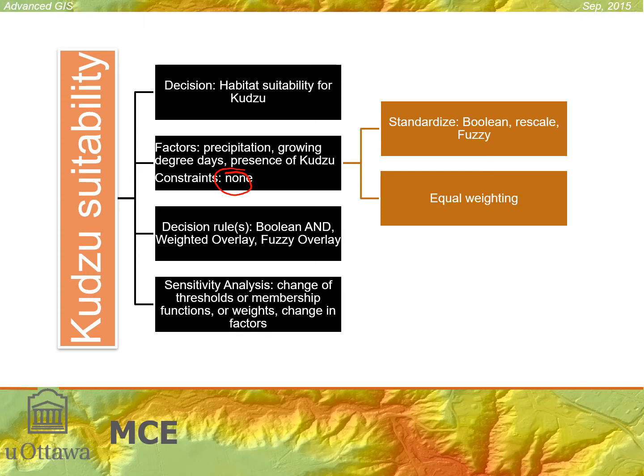So that has to do with standardization. Each of the factors has to be standardized so that the meaning of 0 and 1 is the same across all of the factors. So for precipitation, a value of 1 is the same as a value of 1 for growing degree days, the same as a value of 1 for presence of Kudzu, for Boolean.